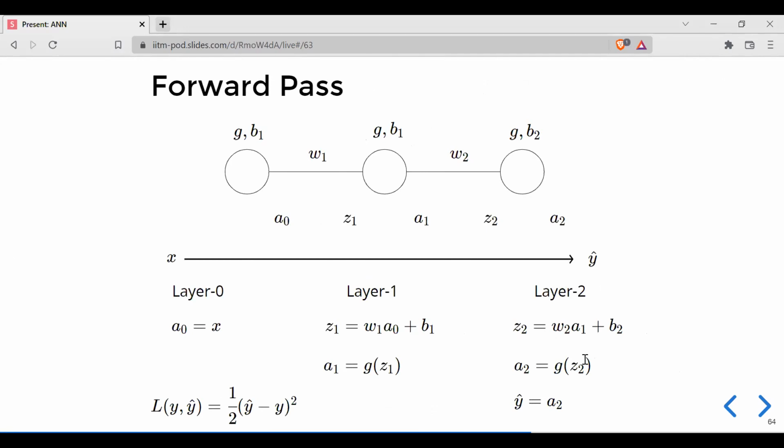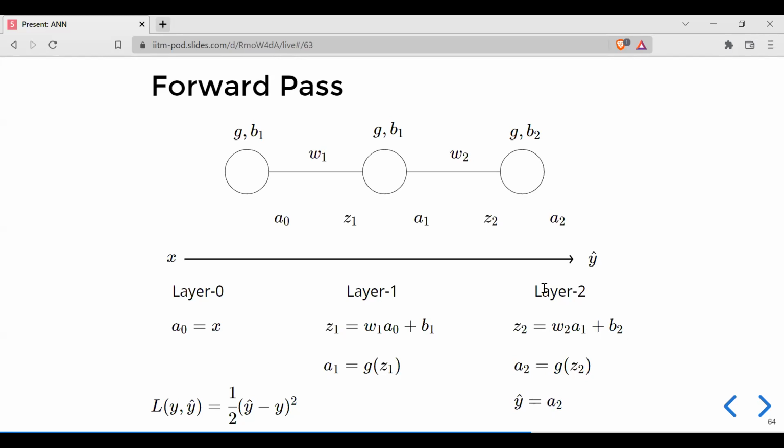So what will be the activation function here? It is just the activation function, and the input for this activation is this weighted sum, right? And the prediction will be the output from here, that is A2. Why is it A2?